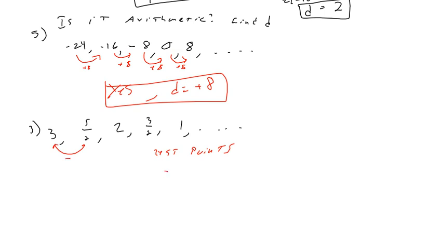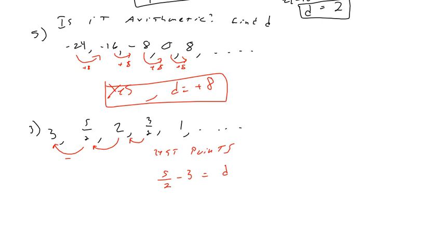So I can take 5 over 2, and we subtract it backwards, right? We take this first one minus the second one. 5 over 2 minus 3, and that'll get us the difference of those two pieces next to each other. And then we do it again, and just see if they're all the same. Do that subtraction over and over.